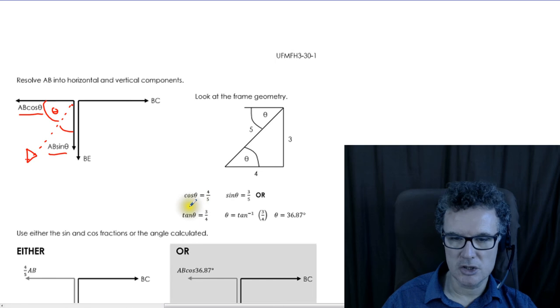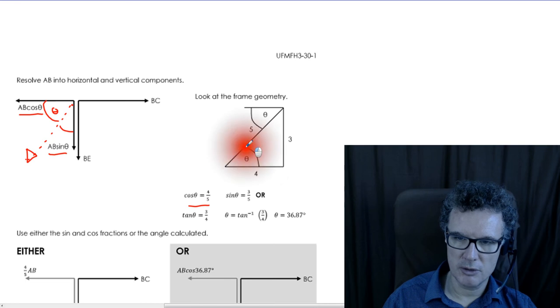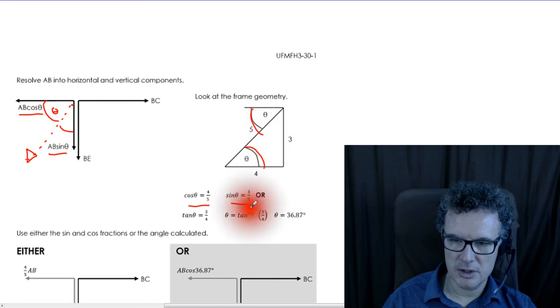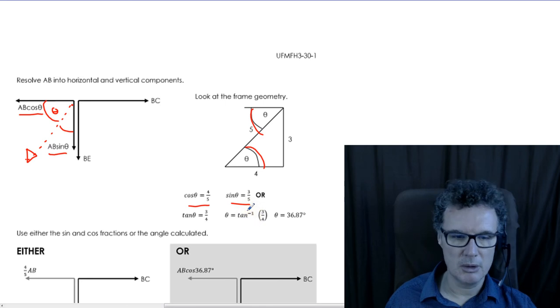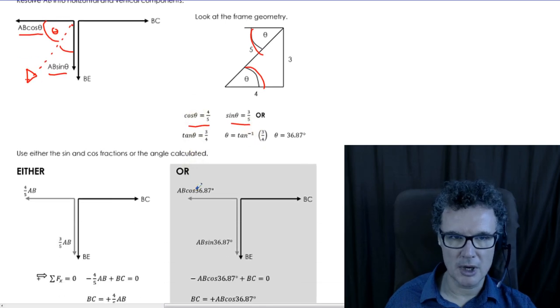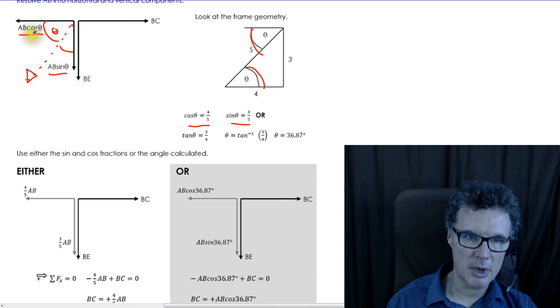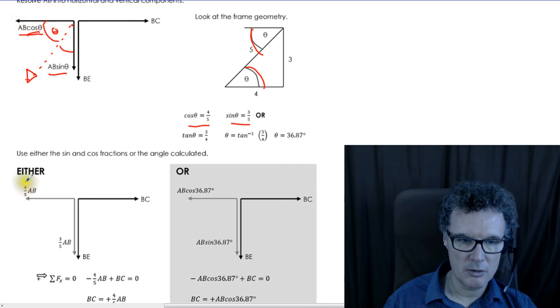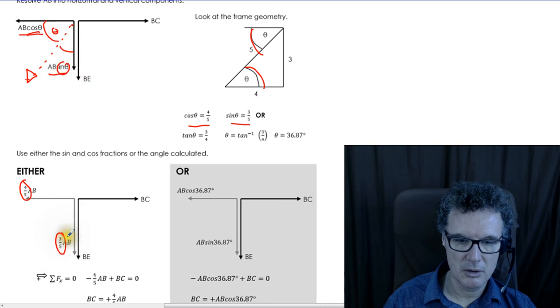The trig hasn't changed, I think. We've still got cos theta equals 4/5, because I've been good. I've used the same theta here, and sine theta is 3/5. So it's quite straightforward. Going for the bit on the left, I'm now going to replace my cos theta with a 4/5, and my sine theta with 3/5.